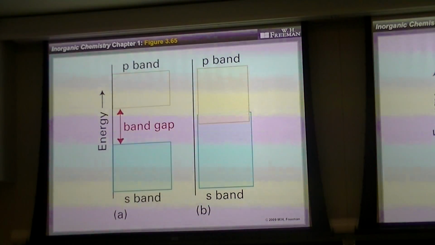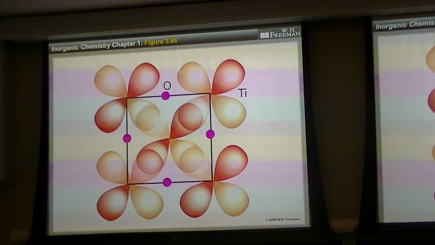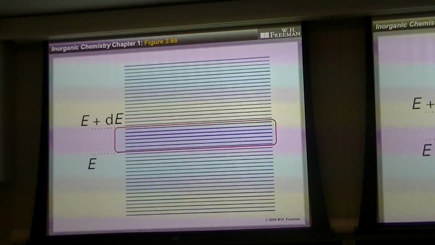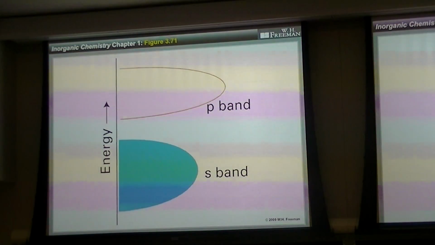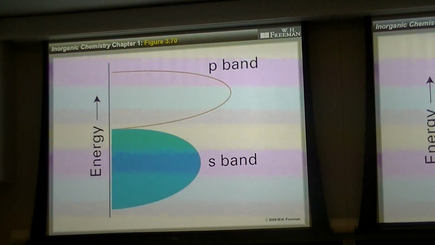And you probably have heard that term before, band gap. And basically, it will say something about the conductivity of the material.